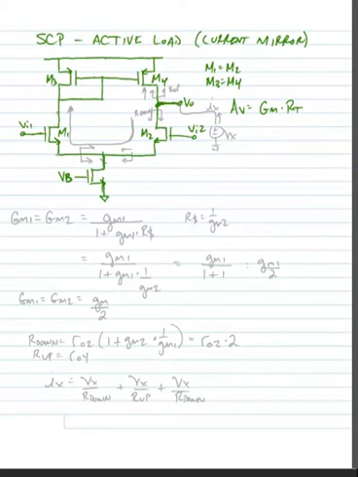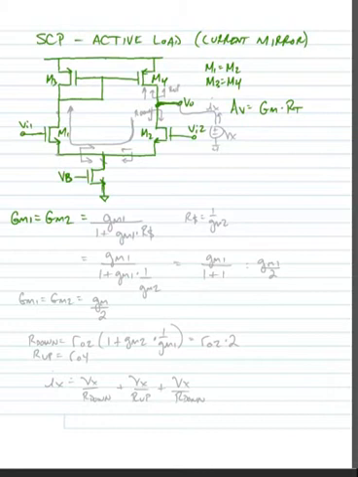Okay, so now let's take a look at what our transconductance is for this device. We assume M1 and M2 are equal, so whatever big GM1 is, it's going to equal GM2, since the same current is flowing through the devices and they'll see the same load.